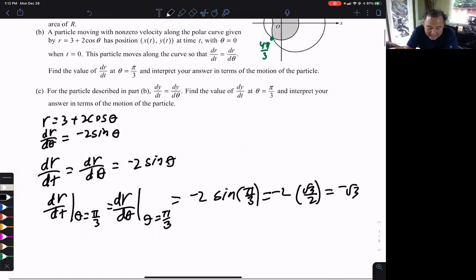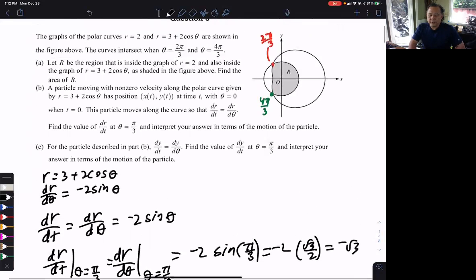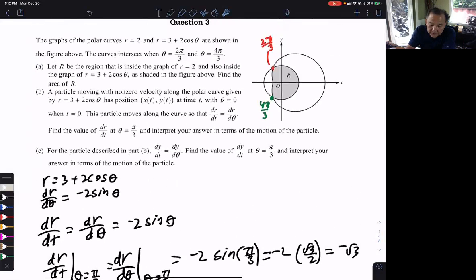Now the question says, find the value and interpret your answer in terms of the motion of the particle. Well, we know that R is decreasing, right? And I would also notice here, and you can double check this, but all my R's are positive at all these.